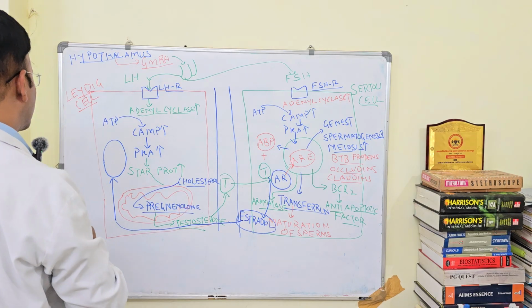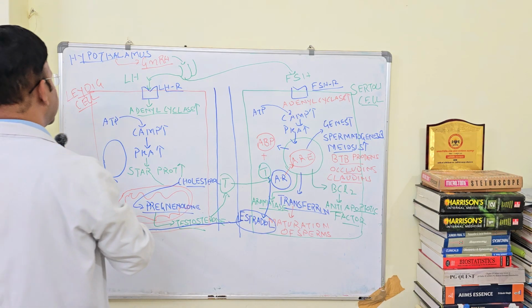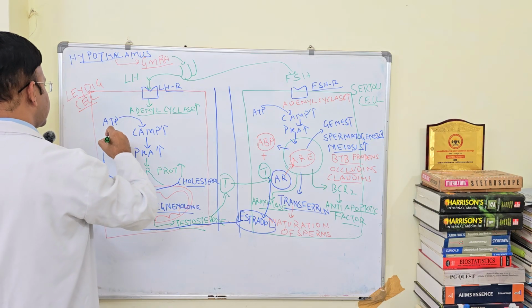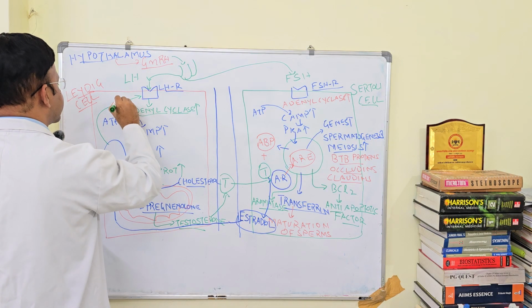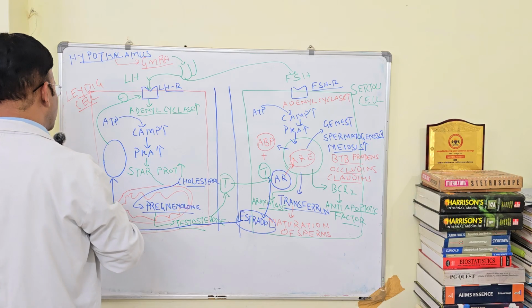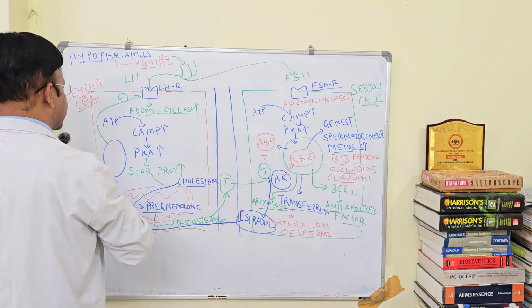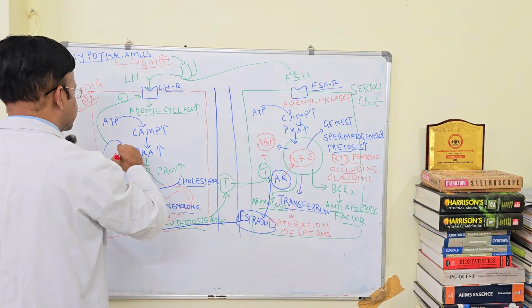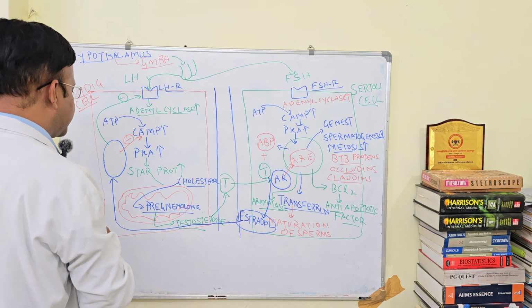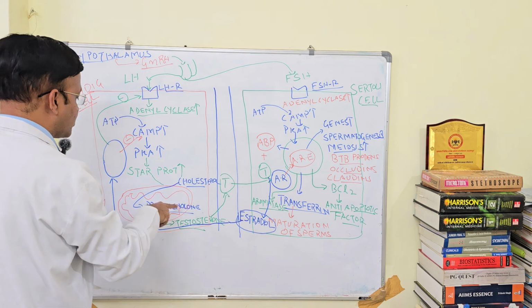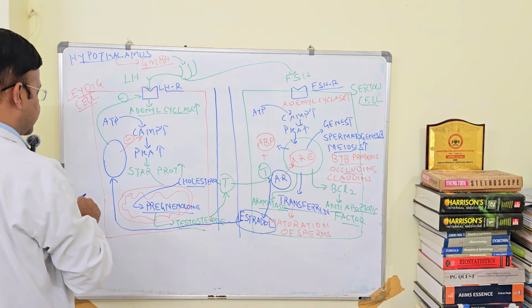After acting on the nucleus of Leydig cells, it is going to inhibit all the steps. It is going to inhibit your LH receptor, right? It is going to inhibit your cyclic AMP, right? It is going to inhibit the steps of testosterone synthesis.